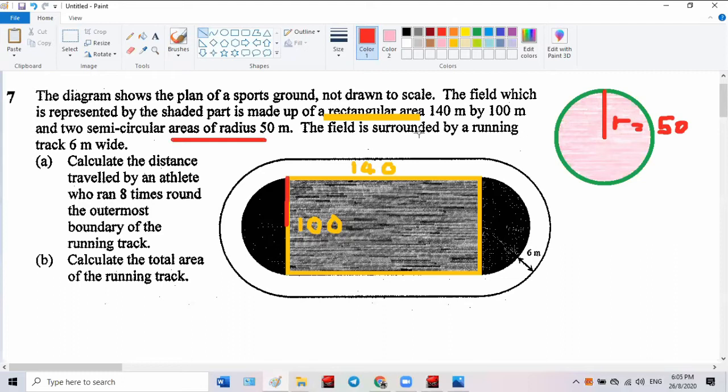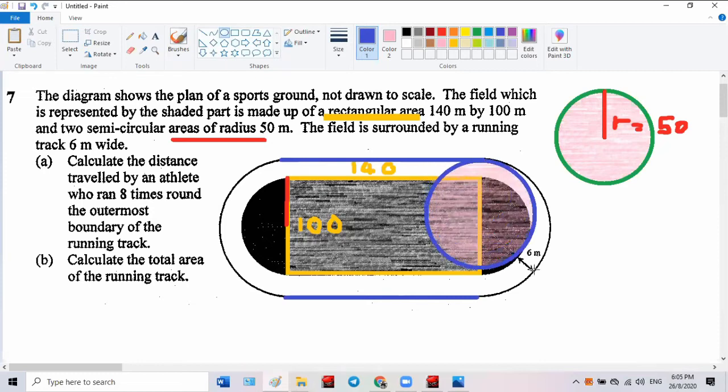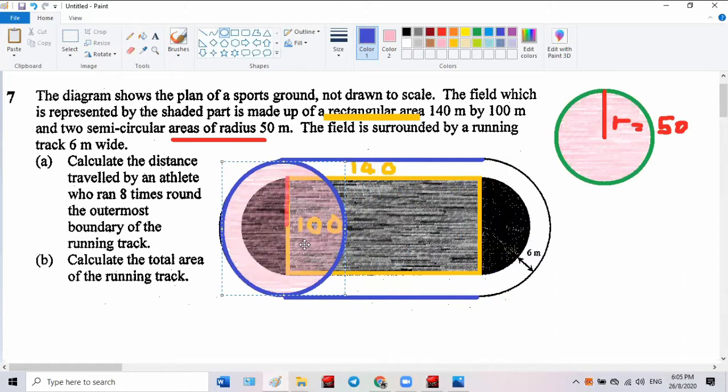Which one is the running track? This blue one is the running track. Then when I turn the circle, I also turn the other circle. This is your running track. So this circle is also here.